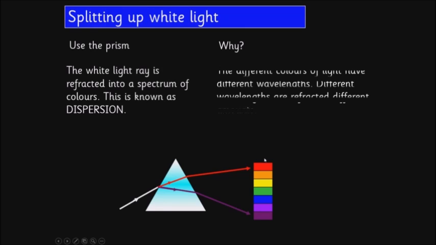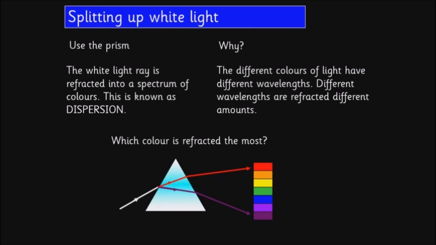Why is this? Well, the different colours of light have different wavelengths, and different wavelengths are refracted different amounts, and it's all to do with how the light slows down as it enters the glass block.